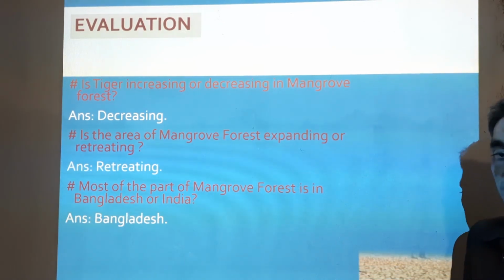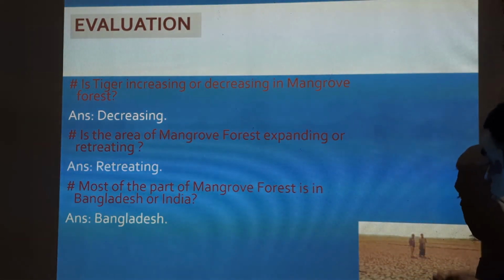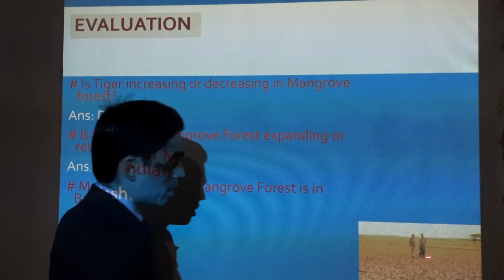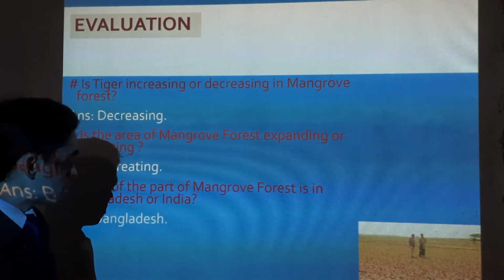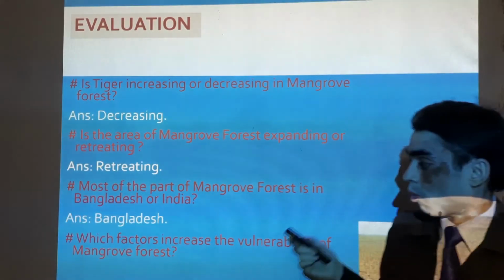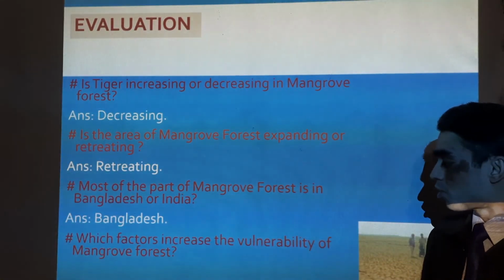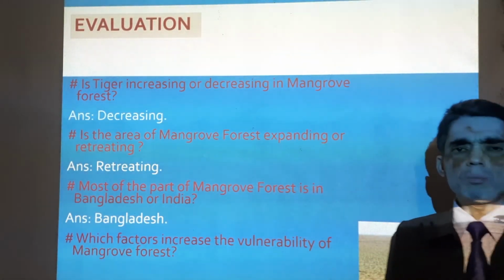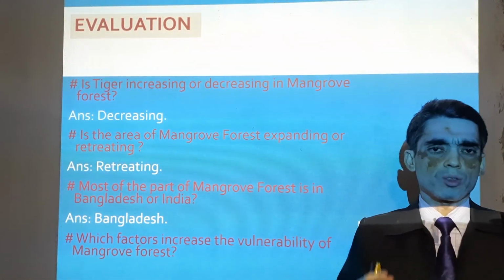And the next question, you see the picture here. The question is, which factors increase the vulnerability of mangrove forest? Can you remember which factors we discussed?